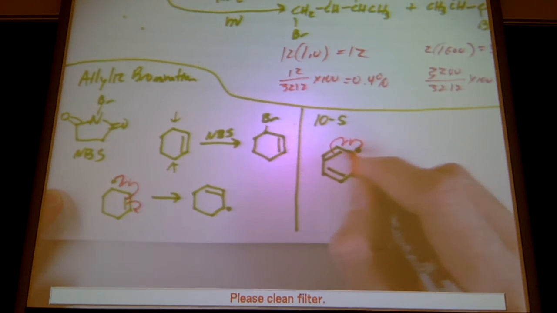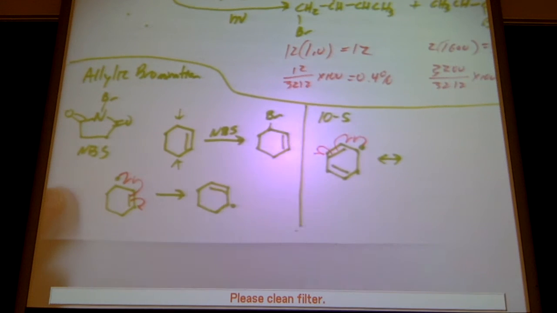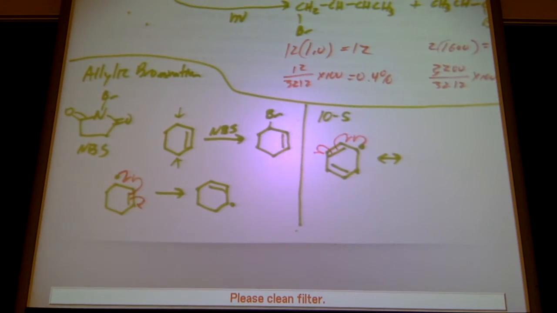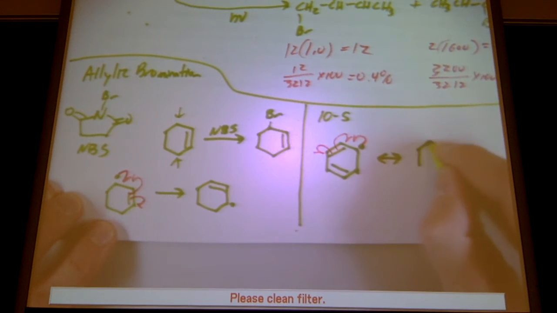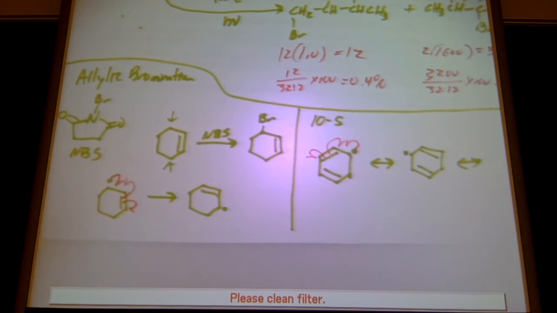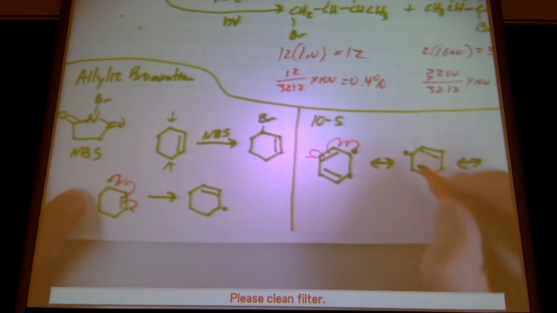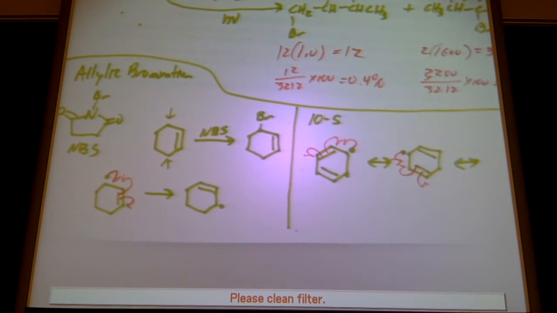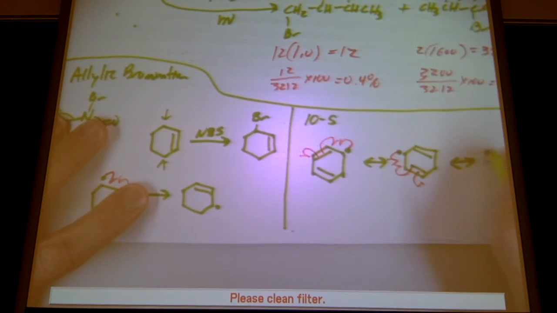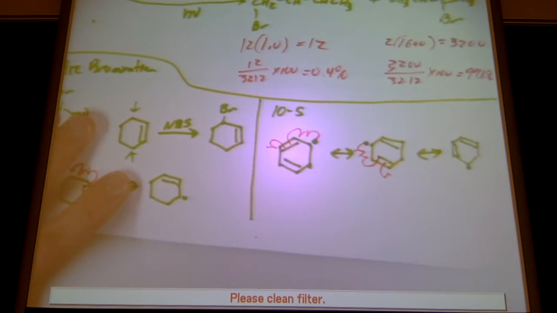I can move one of those electrons to form a double bond there, making the radical at the other side of your double bond. And you can do the same thing with this other double bond. The radical goes at that other position.